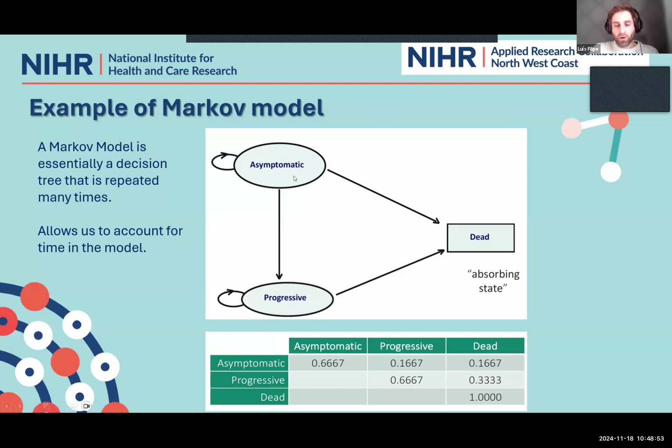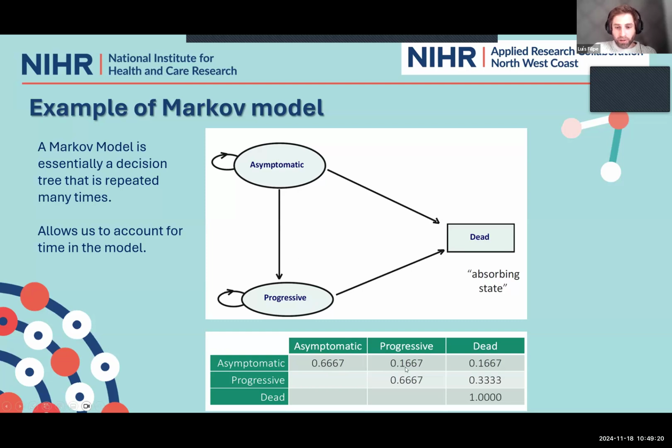Now, for each of these movements, there are ways through randomized control trials and so on that you can compute the probabilities of moving between states. So in the table below, what you are going to see are these probabilities. If you are asymptomatic, you have a probability of 66.67% of staying asymptomatic.